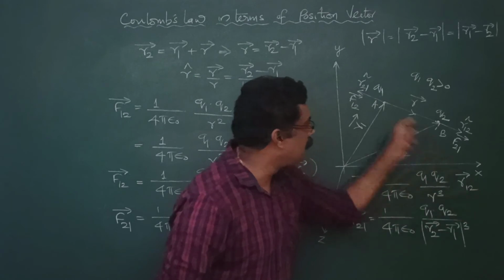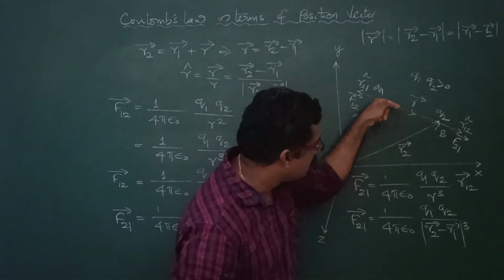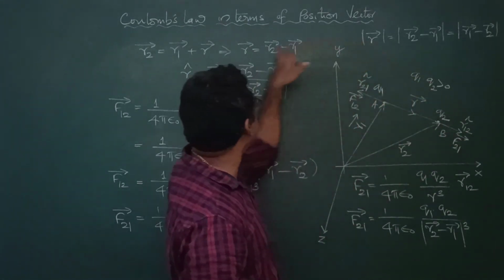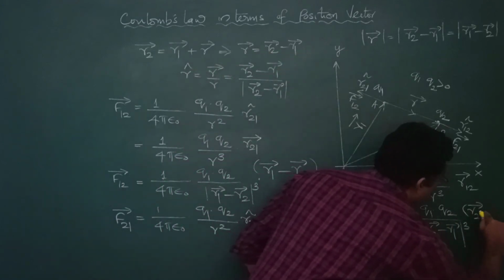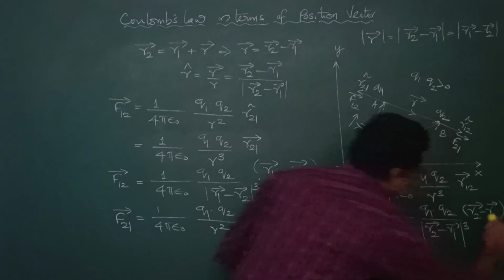What is r12 vector? Actually r vector, same direction. So what is r vector here? r2 vector minus r1 vector.